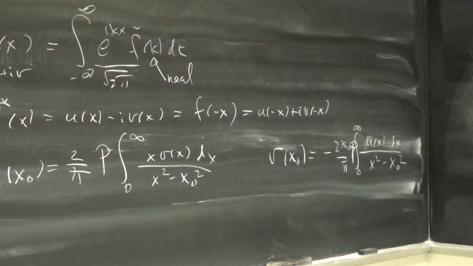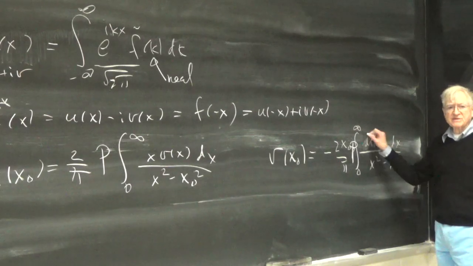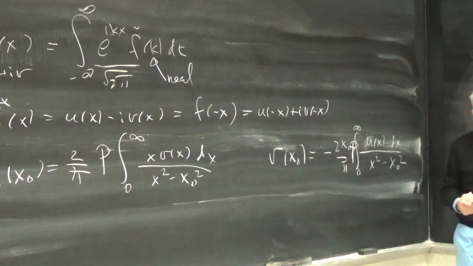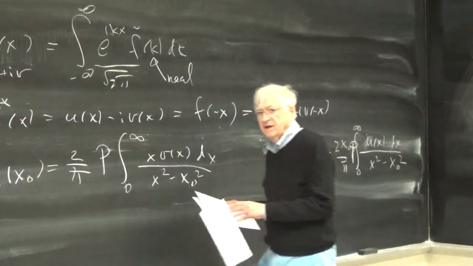So the Hilbert transform relations look like this, but now you're integrating over physically meaningful values of x rather than the whole real line.